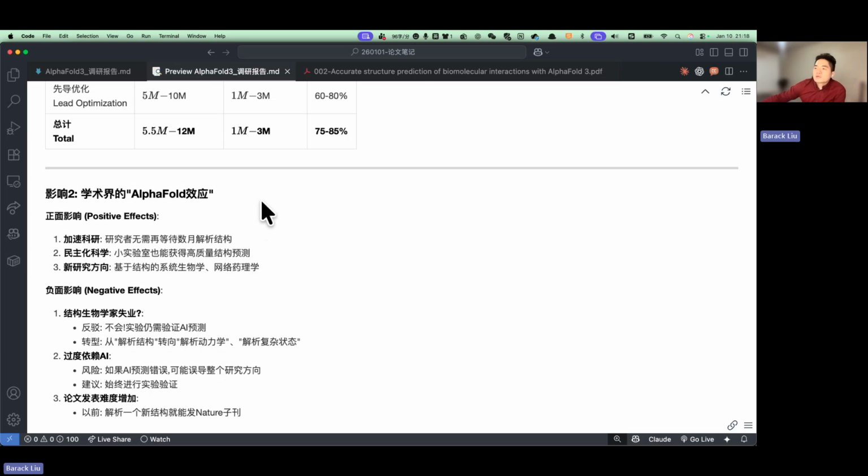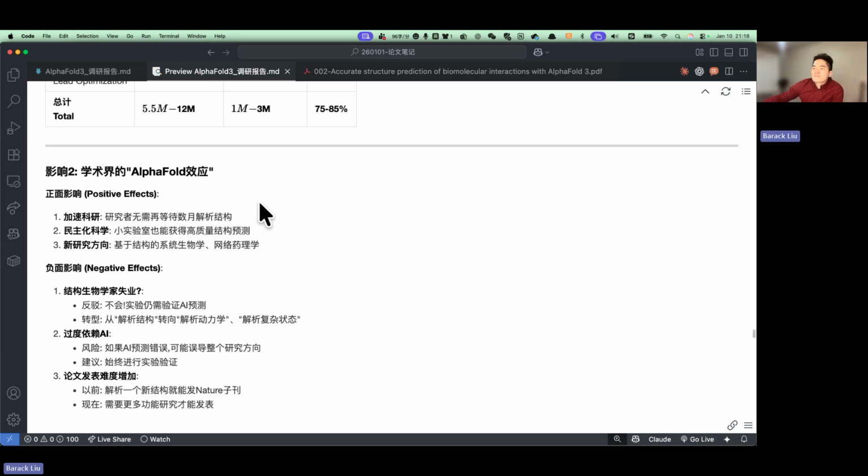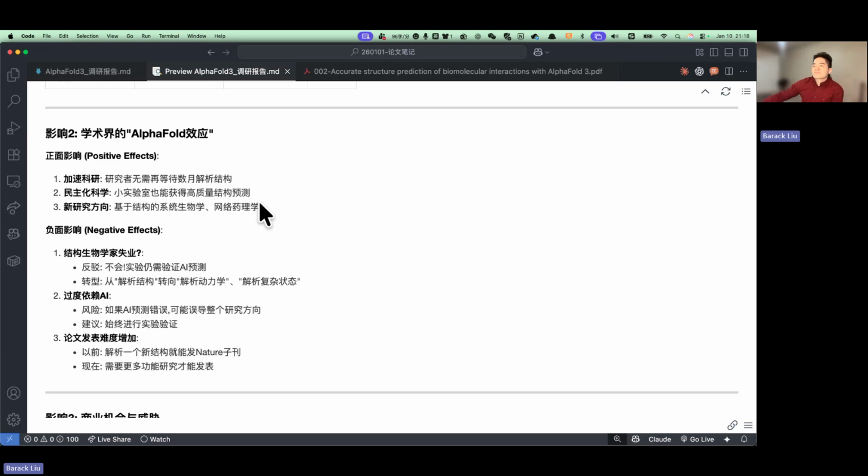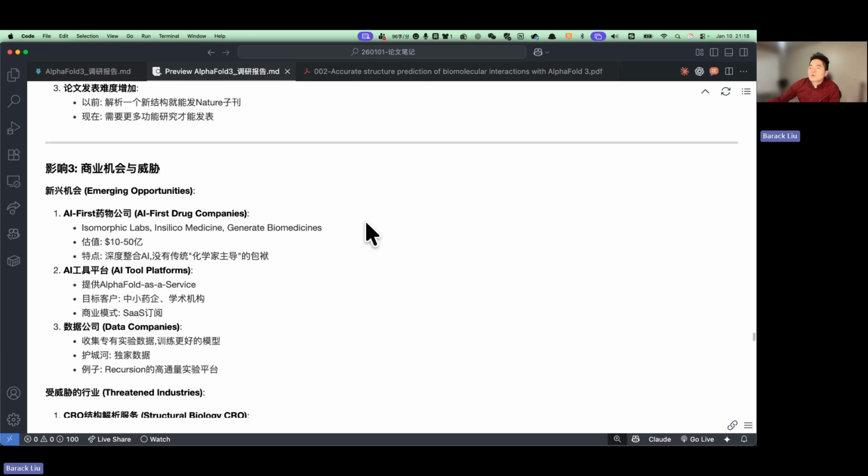AlphaFold effect. Emerging opportunities: AI-first drug companies, AI tool platform and data companies.